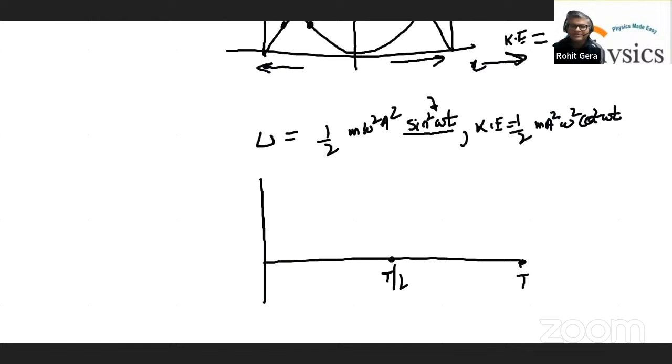That means the frequency is double. The frequency of energy is double the frequency of SHM. So let this be half the energy, okay, E by 2. So this is your E by 2, and this is your total energy.